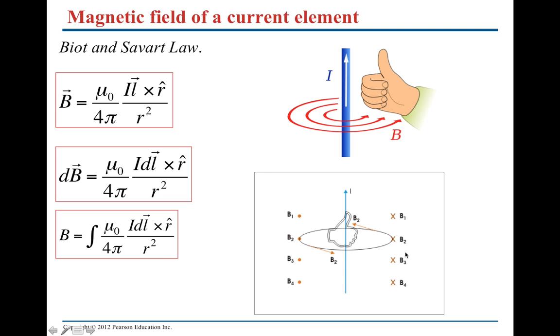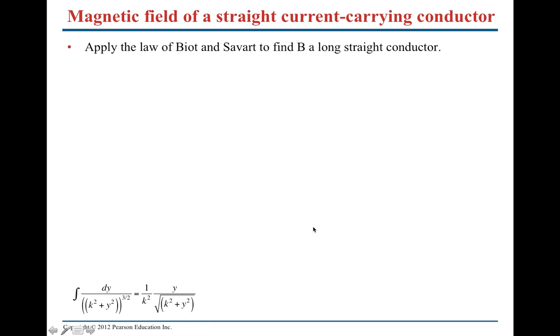The field is tangential to the loop at any point where the point is located. So make sure you do not mix it up. If I am at this point, the direction of the magnetic field will be this way, and at this point it will be this way, and so on.